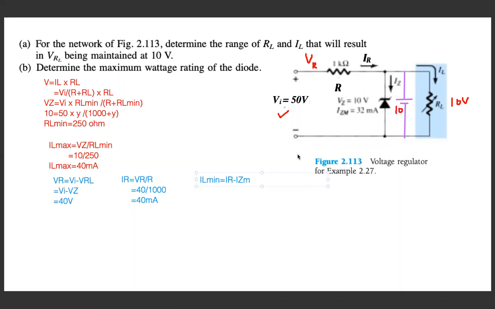That means the maximum current flowing through the Zener diode. अगर इसमें इस ब्रांच से मैक्सिमम करंट फ्लो कर रहा है, तो ऑब्वियसली इस ब्रांच से मिनिमम करंट फ्लो करेगा. ठीक है, और इसमें से मैक्सिमम करंट फ्लो करने की वैल्यू दी हुई है आपकी 32 मिली एम्पियर. So it is simply equal to 40 minus 32, that is your 8 milliamp.